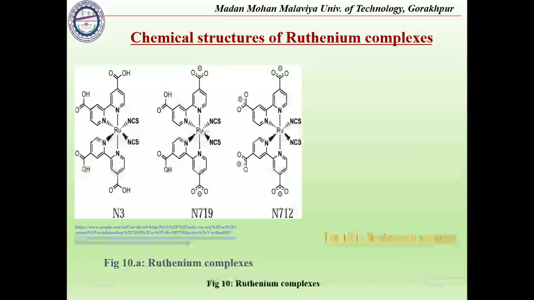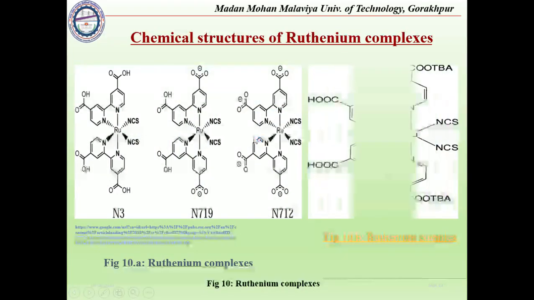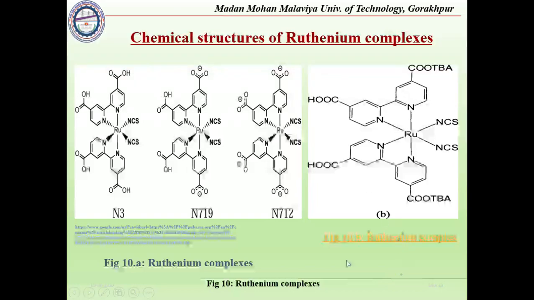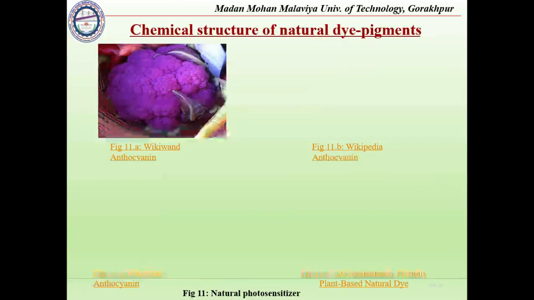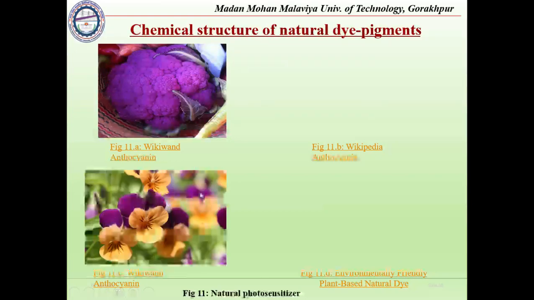This is the chemical structure of the ruthenium complexes dye. Now I will show you that the dye extracted from this vegetable and this flower can also be used as a photosensitive material, as a photoactive material.